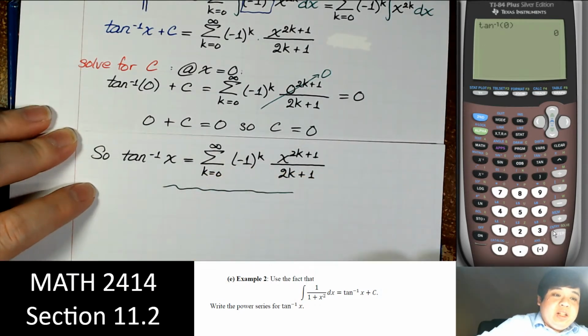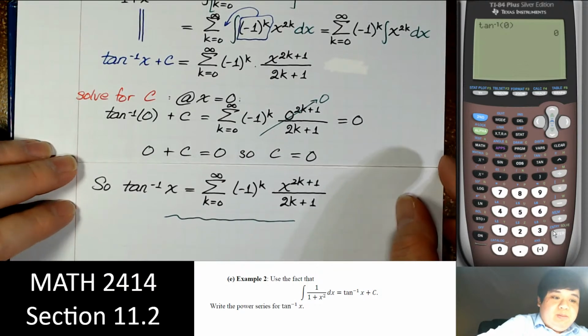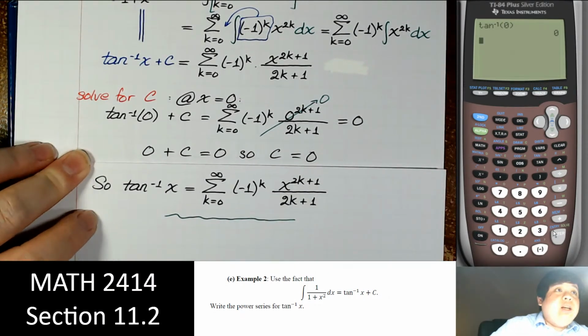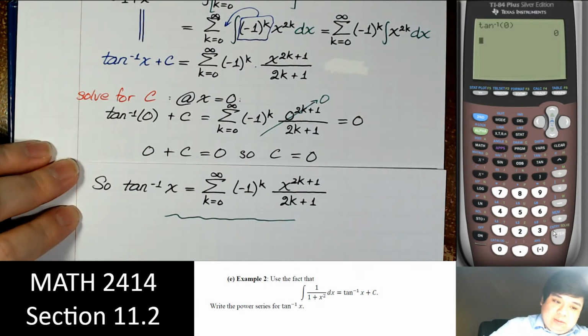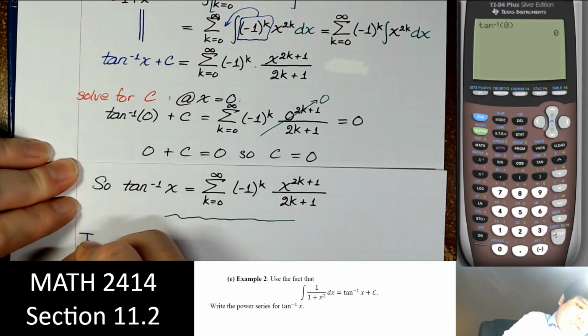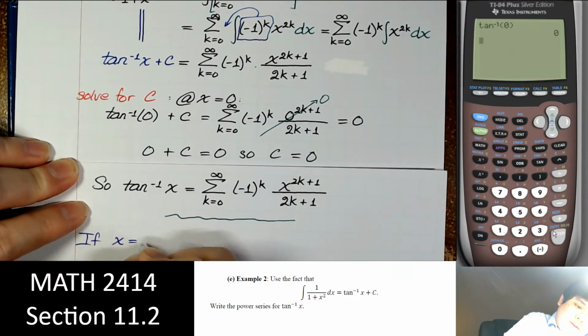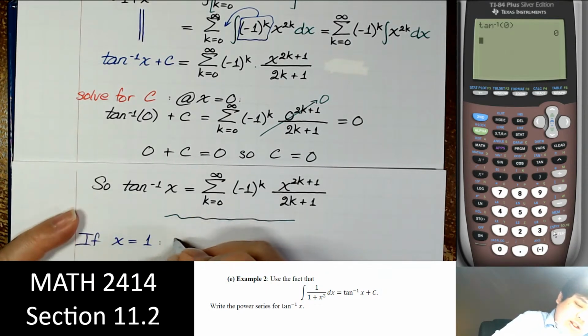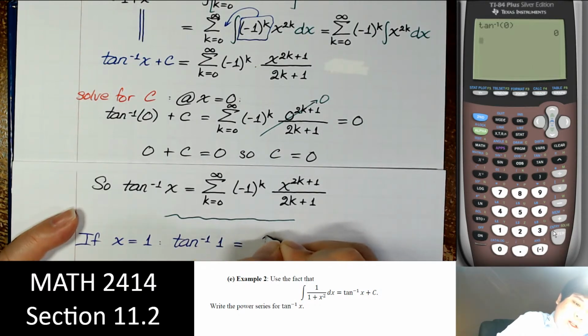Now I just want to bring this interesting fact into this. This has a historical purpose in this problem. So what we do now is let x be 1. We can put 1 in this series. Tangent inverse of 1 equals this series.